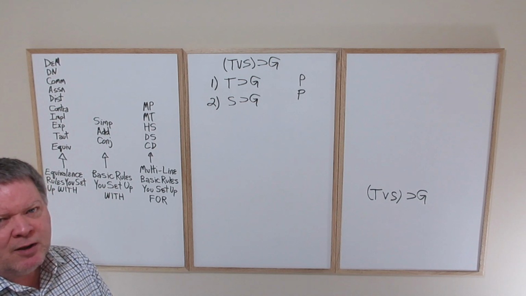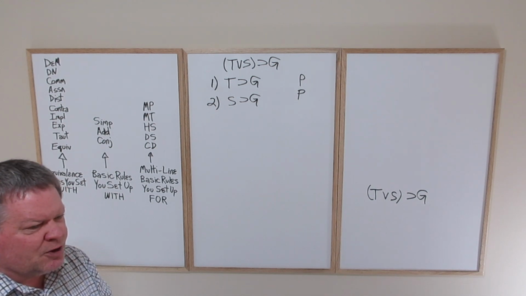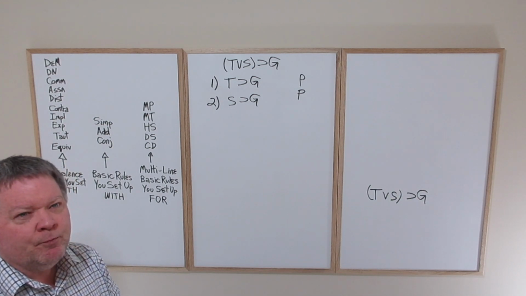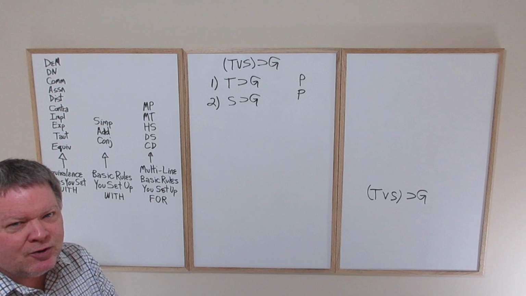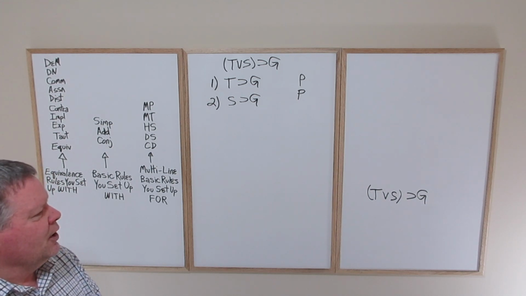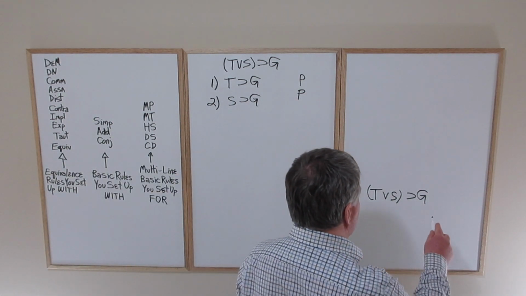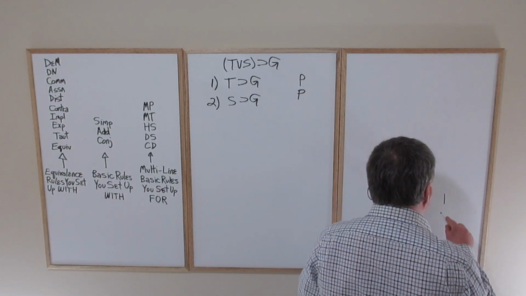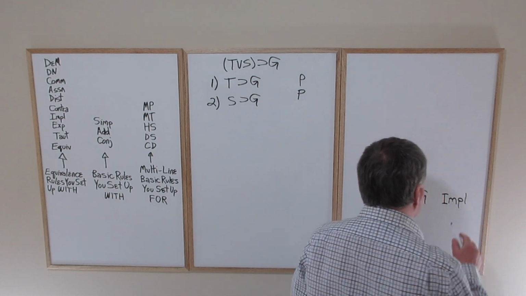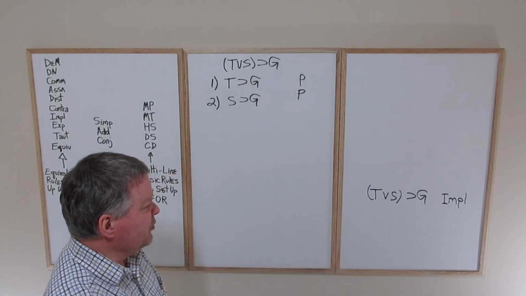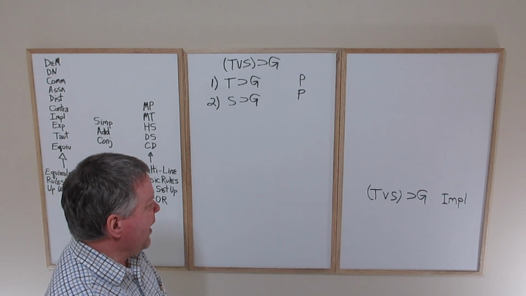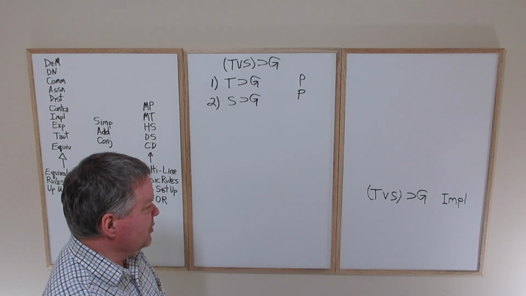Yes, it will, because if you think about distribution, it's a set of rules where you go from a conjunction to a disjunction, or a disjunction to a conjunction. And what this tells us is that if we want to get a conditional and there's a distribution involved, we're probably going to get that conditional by implication.